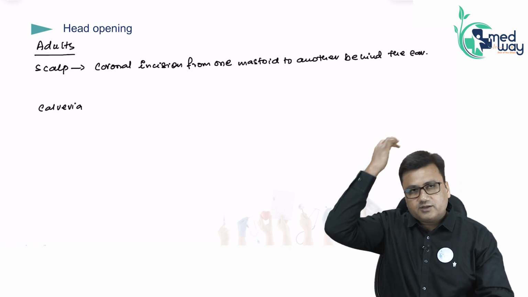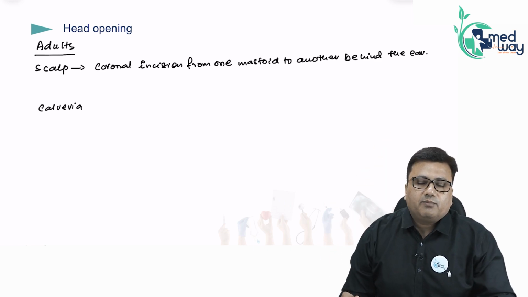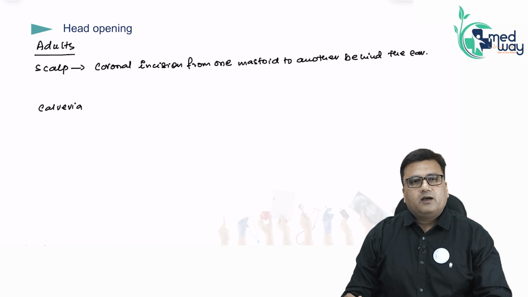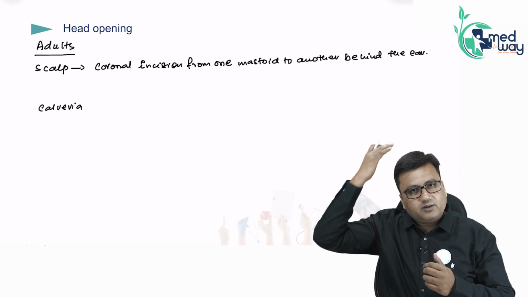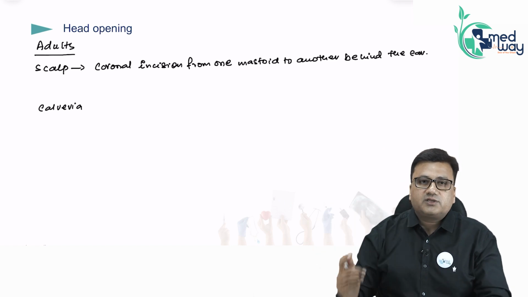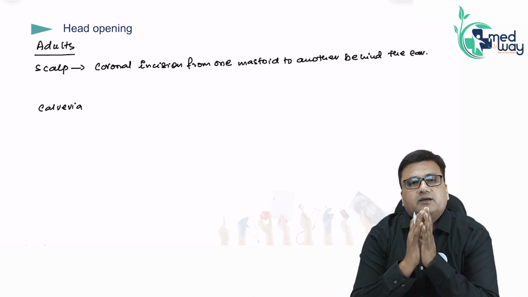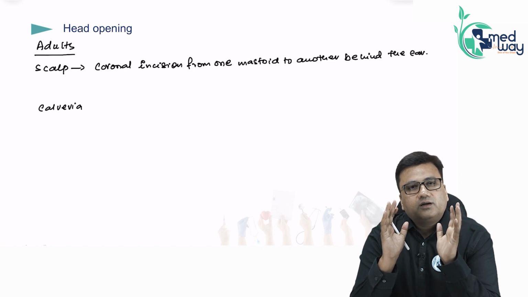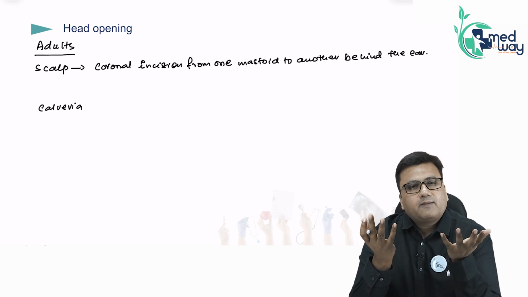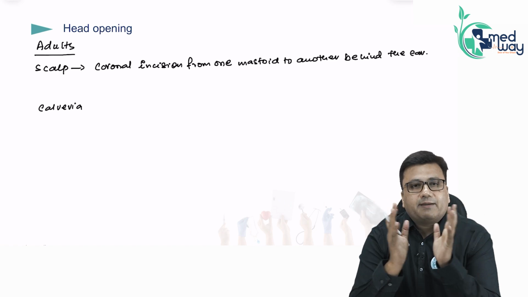So, you give a coronal incision behind the ear from one mastoid to another and then reflect the flaps of the scalp anteriorly and posteriorly, thus exhibiting or opening the skull cap.